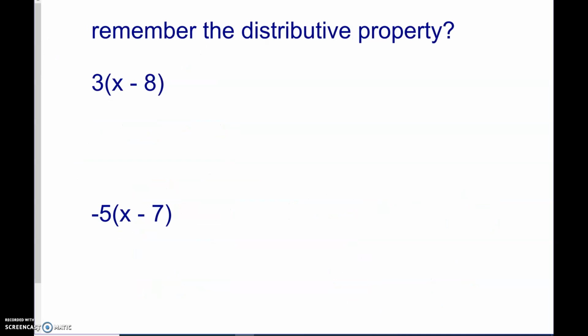All right, so the distributive property. Do you remember us doing the distributive property? So we're going to take 3 times whatever's inside. So 3 times x, so we get 3x, and 3 times -8, so we get -24. All right, you try the next one.